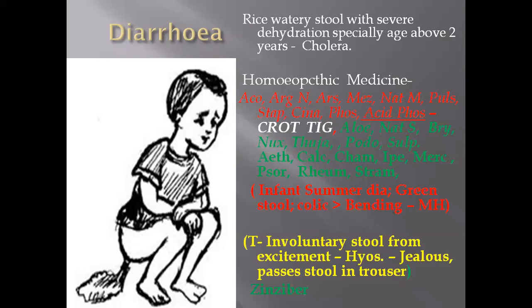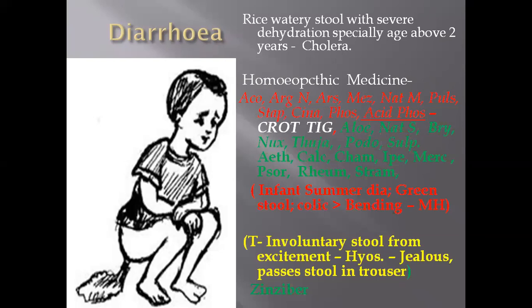Another commonly used medicine in your practice life, it may be the infant, maybe the children, or maybe the adult, that is podophyllum's neighbor, the medicine jet-like stool. In case of this medicine, you have to remember the word jet-like stool.